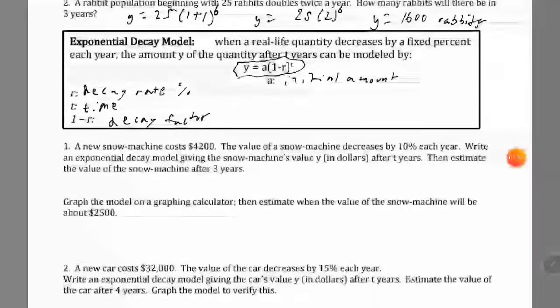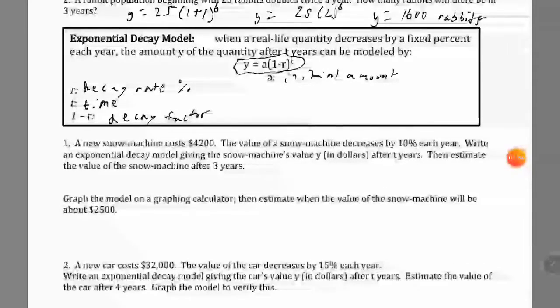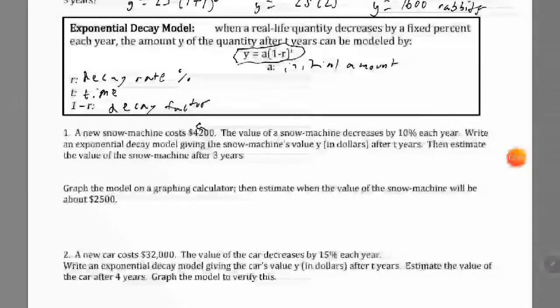So let's do some examples. A new snow machine costs $4,200, so that's our initial amount. And it decreases by 10% each year, so our decay rate is 0.10. Write the decay model giving the snow machine's value y dollars after t years. So y equals 4,200 times 1 minus 0.1 to the t power.